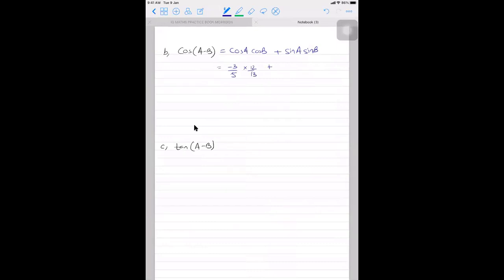Sine of A is 4 over 5 and sine of B is simply 5 over 30. If we solve this, what do we get?